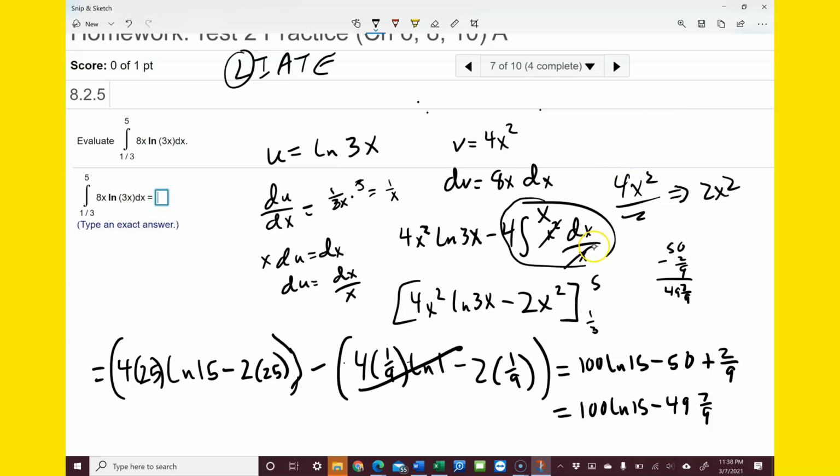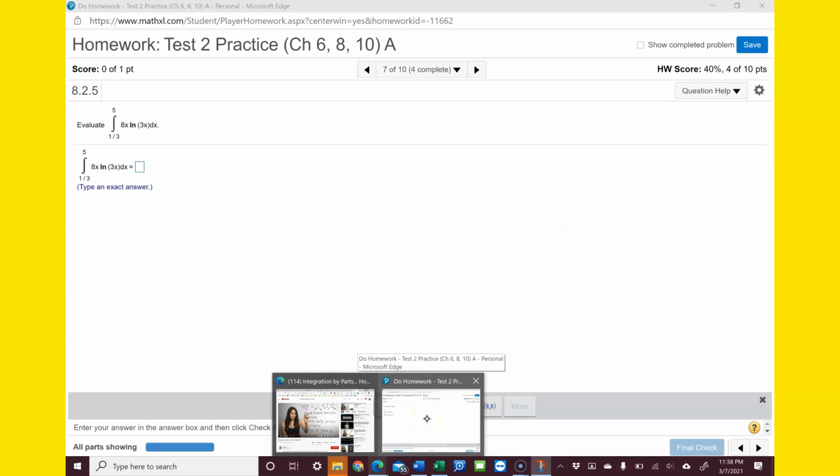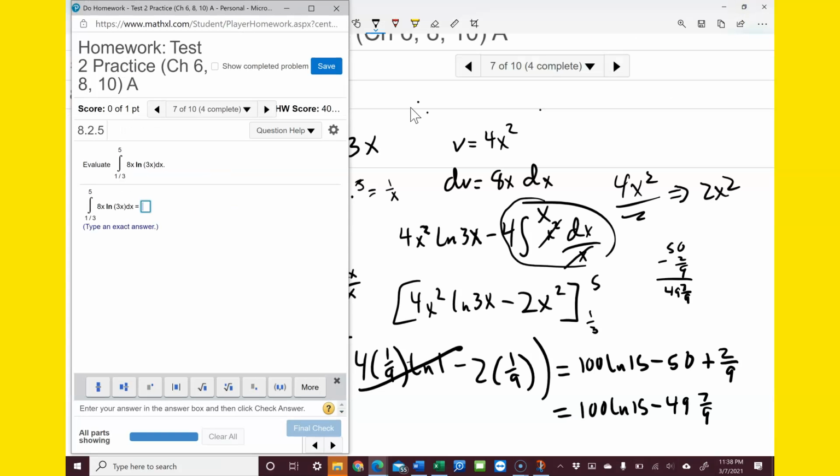Alright, let's type that in and see if that happens to be the answer. 100 ln 15 minus 49 7/9.